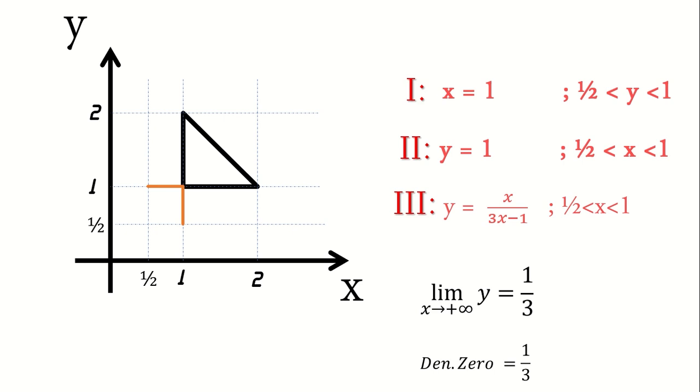So we can draw the asymptote like this, and we only need the curve between 1 half and 1. To get the right shape, we have a shape like this. So with all the formulas, we get the corresponding lines like this, and the shape has been completed.